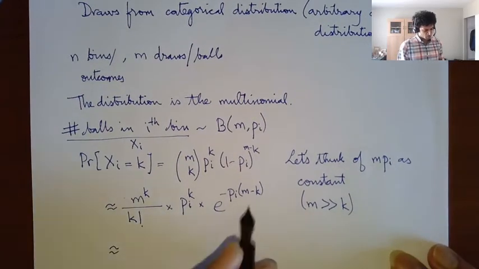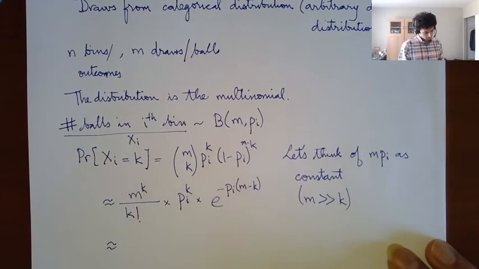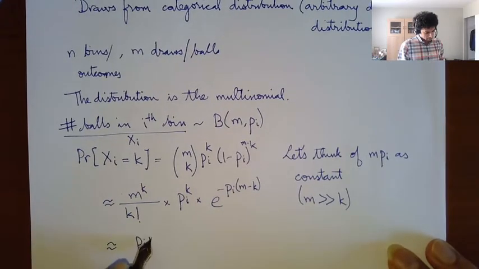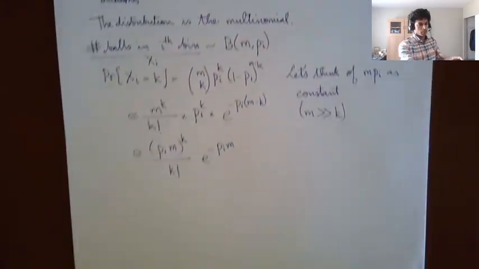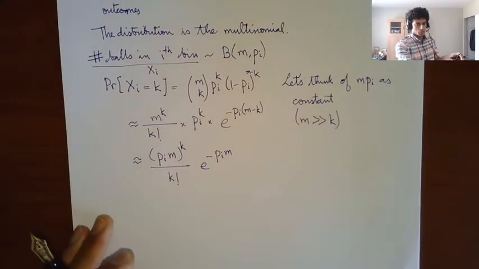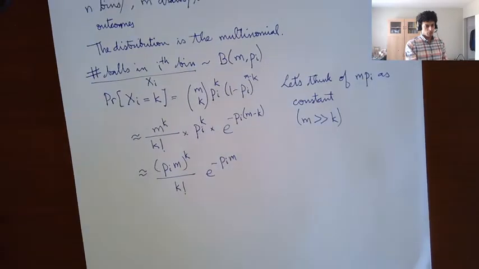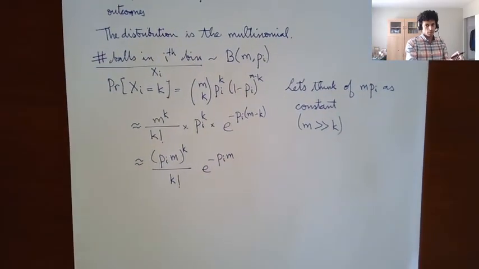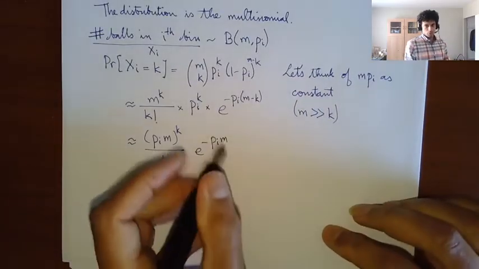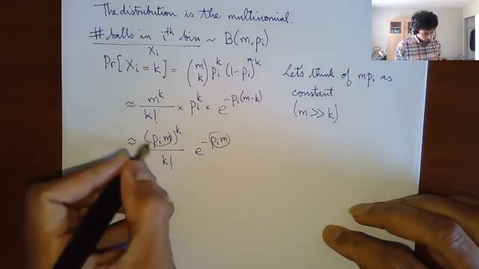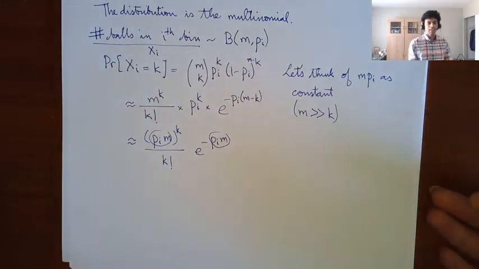So approximately I can just ignore this minus k here. And what I get is pi times m to the power k divided by k factorial, e to the minus pi times m. Note that this pi times m appears.